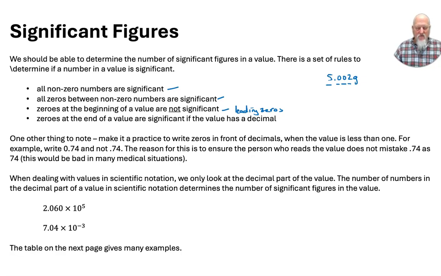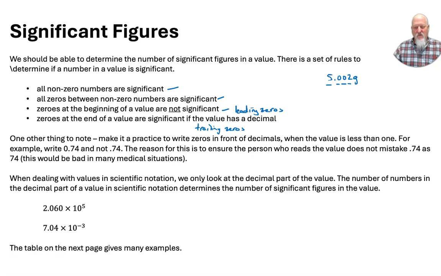Zeros at the end of a value are called trailing zeros. Trailing zeros are significant if there's a decimal in the value. If there's a decimal anywhere in the number, the trailing zeros are significant.